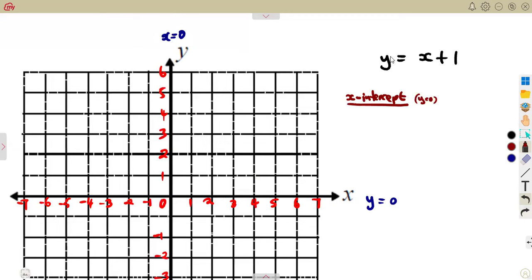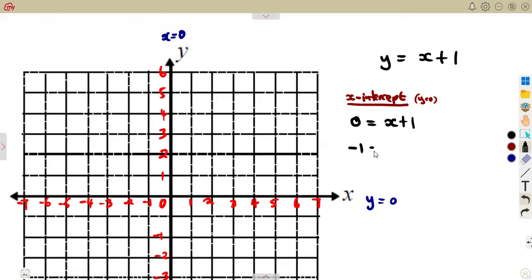So if y is equal to 0, what are you going to have here? If you put a 0 in this equation, it is going to be like this: 0 is equal to x plus 1. In place of y, you substituted the value of y, which is 0. Then you must find the x value. Remember solving linear equations, where you transpose, take this to the other side; it jumps the equal sign and changes the sign.